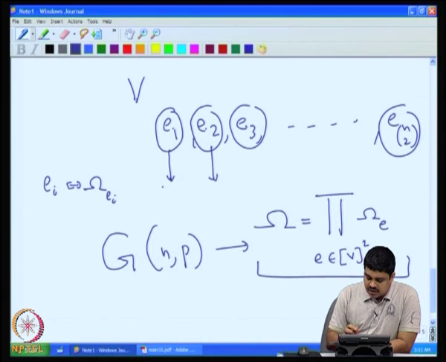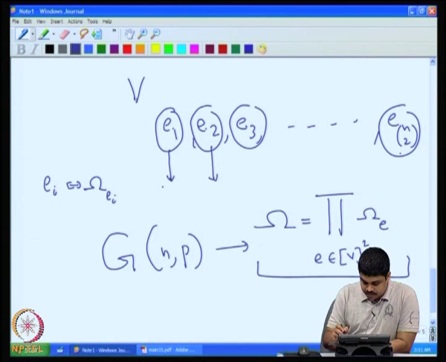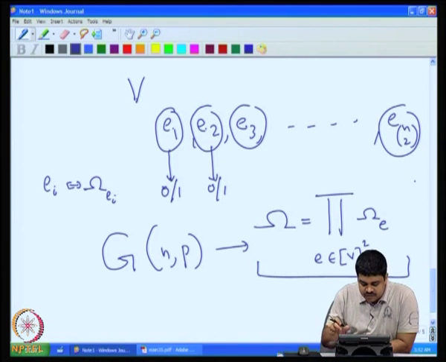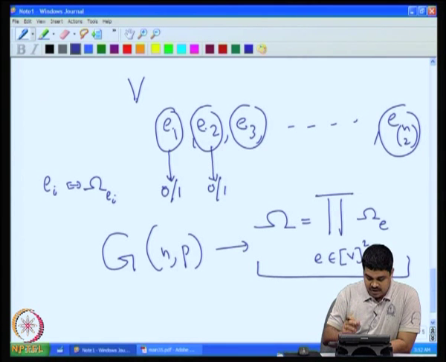Or we can say that it is a mapping from the edge set to 0 e or 1 e, so 0 or 1 says whether it is selected or not. In other words, we have decided whether 0 or 1 should be here, and 0 or 1 should be here. So we are selecting some edges and deselecting some other edges. Whenever 1 is given, that means that edge is there in the graph. When 0 is given, that means that edge is not there.